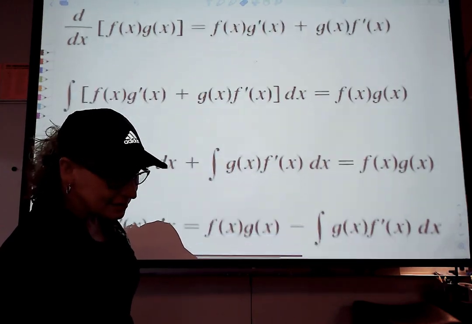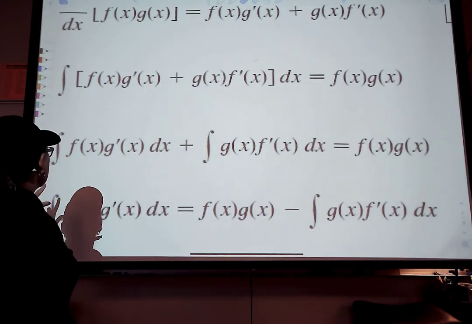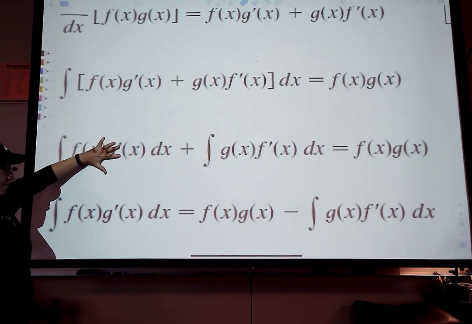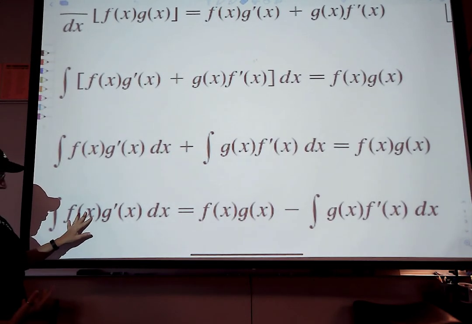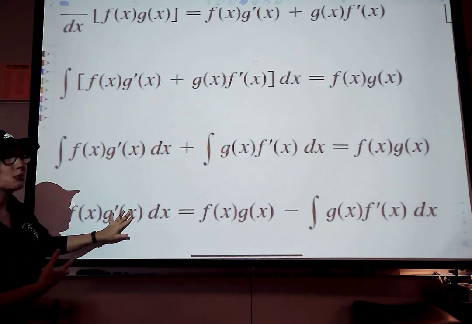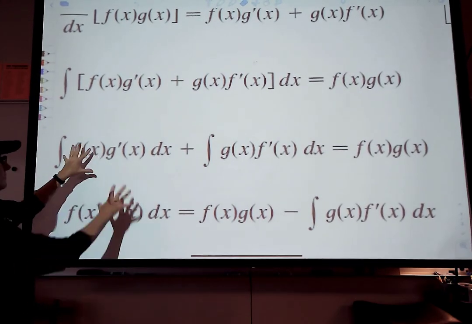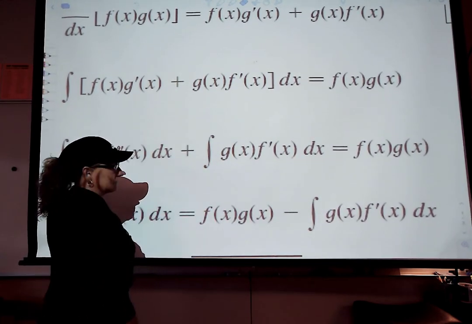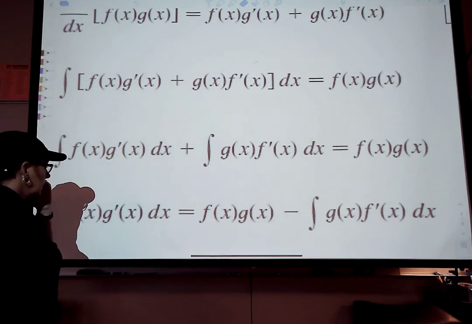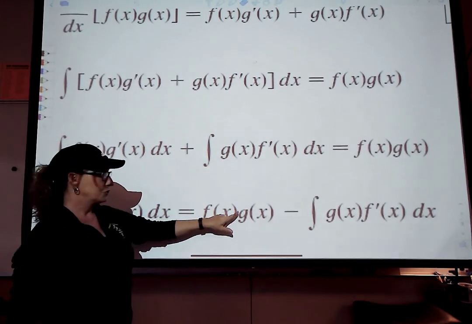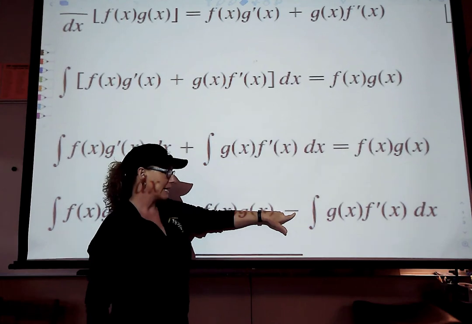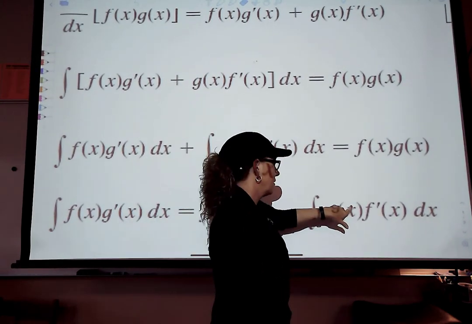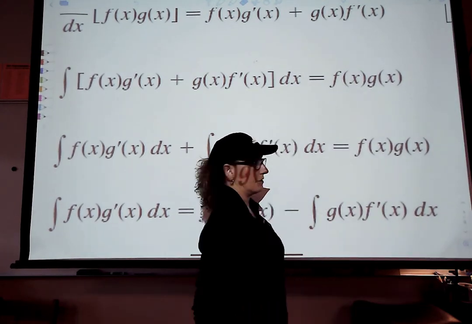And then for the last step, I can say that the antiderivative of just this piece right here, some function times the derivative of what appears to be another function, equals, subtract this from both sides, equals the two originals minus the antiderivative of this original and this derivative.